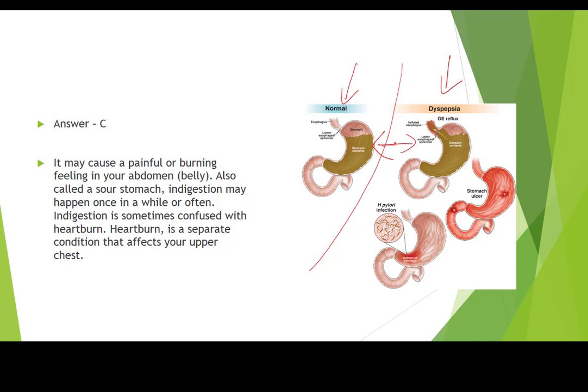Indigestion may happen once in a while or often. Indigestion is sometimes confused with heartburn. Heartburn is a separate condition that affects your upper chest, so that is a different thing. Here is the infection with stomach ulcers, both are indicated.